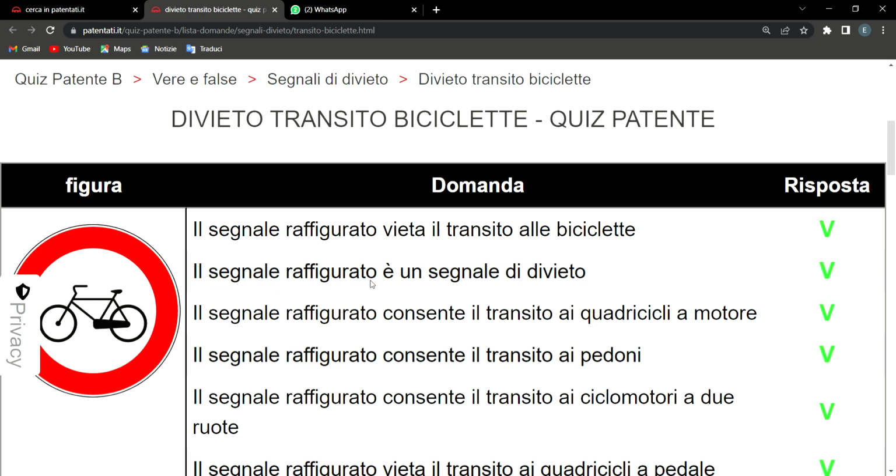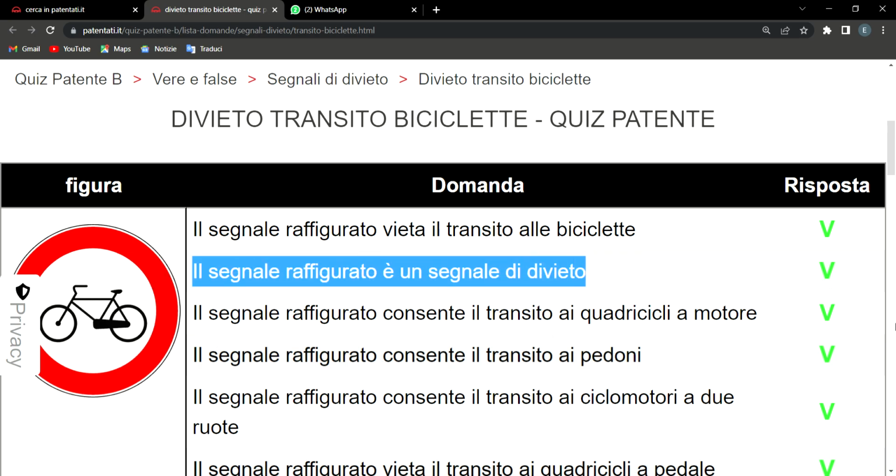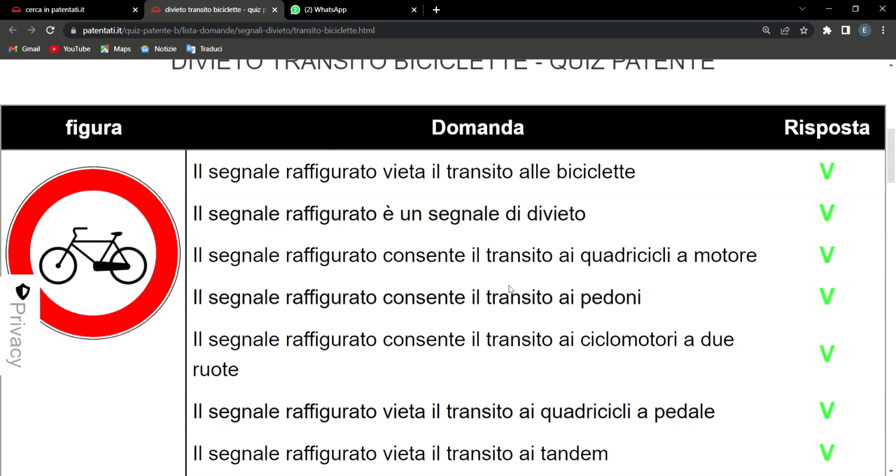This sign that is here is known as a sign of divieto, a sign that forbids, or a prohibition sign. This is the reason why this one is vero. Take note of that. This sign is a sign of prohibition, and the answer is true.